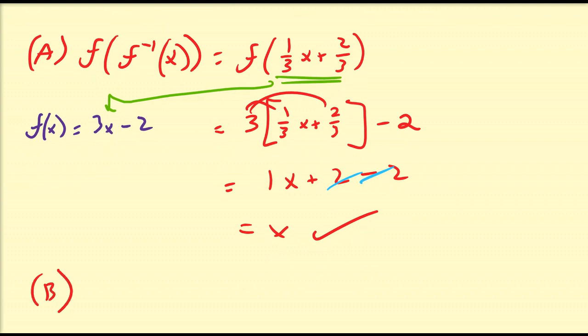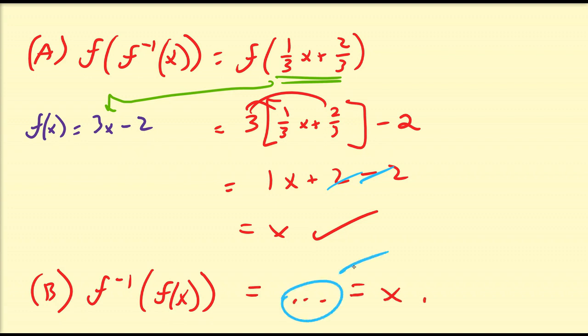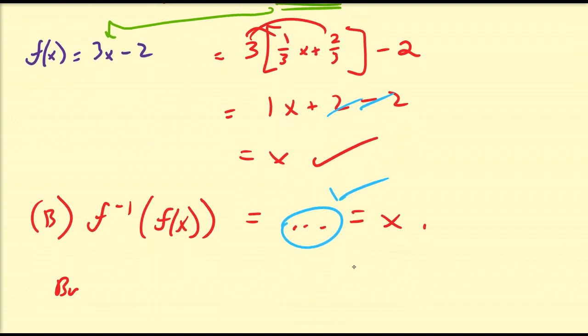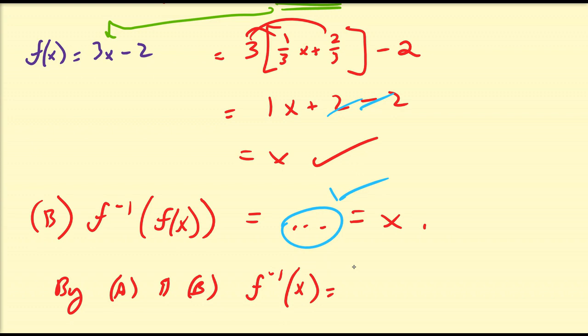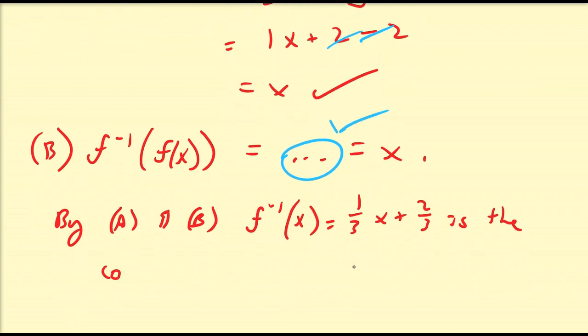The second part that we need to verify is that f inverse of f of x is equal to x. Of course, I leave that as an exercise to you in case you were following along. So if this is true, by A and B, f inverse of x equals 1/3 x plus 2/3 is the compositional inverse of f of x.